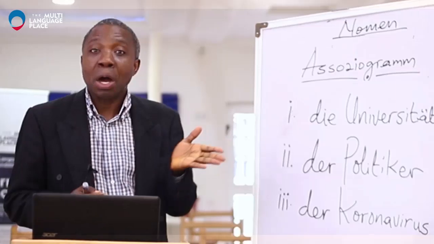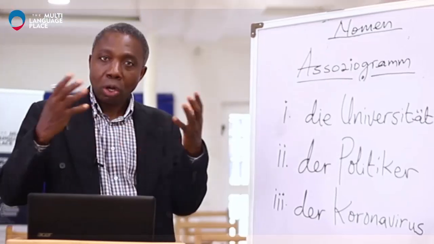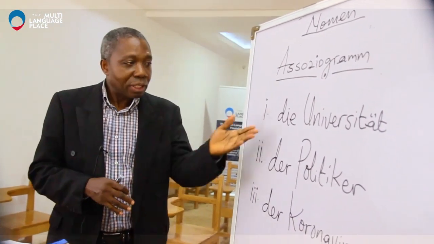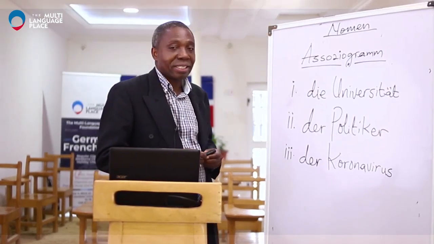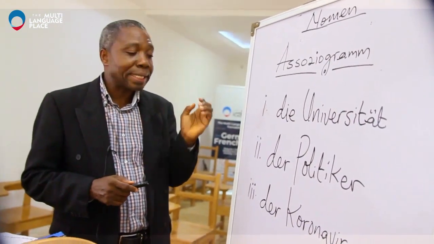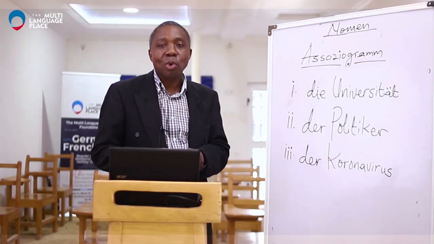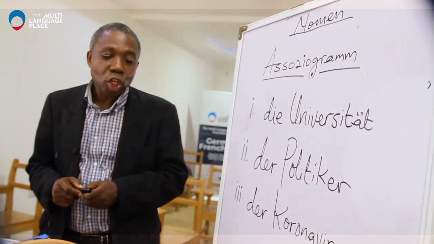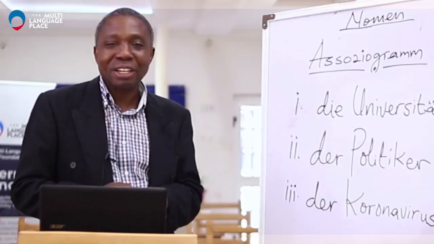That means 3 nouns that you are going to look for other words that can be associated with them. For number 1, die Universität. We have done that during our past lessons. And then the second one, number 2, der Politiker. That's a politician. And then number 3, der Coronavirus. That's quite recent.